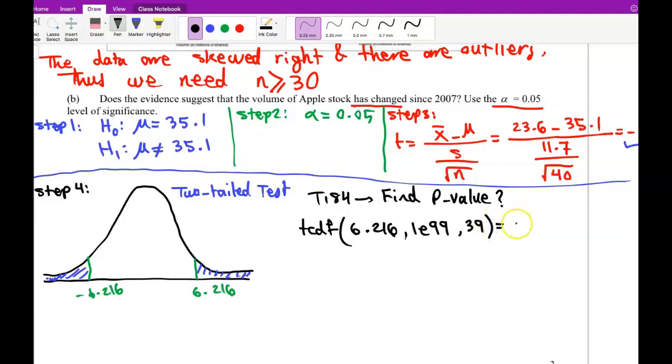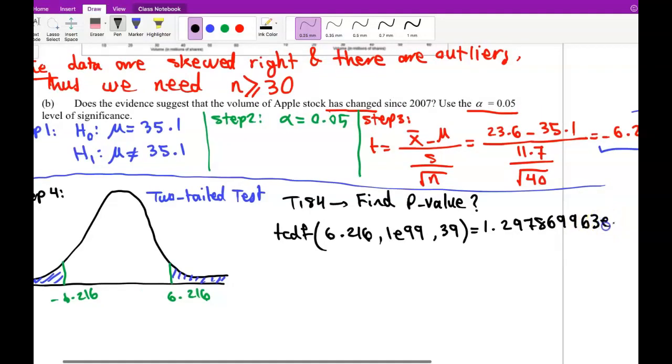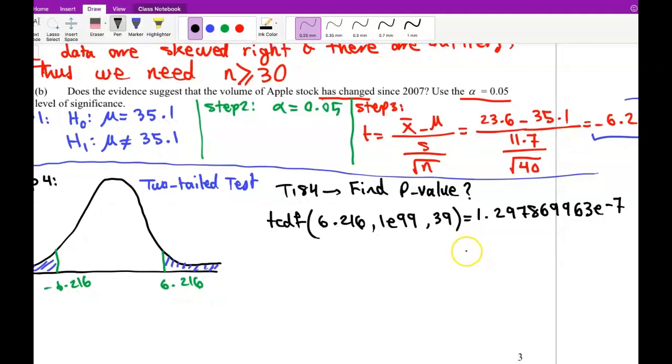Based on the calculator, I got 1.2978 69963 E negative 7, which is equal to point 0, 0, 0, 0, 0, 0, then 1.